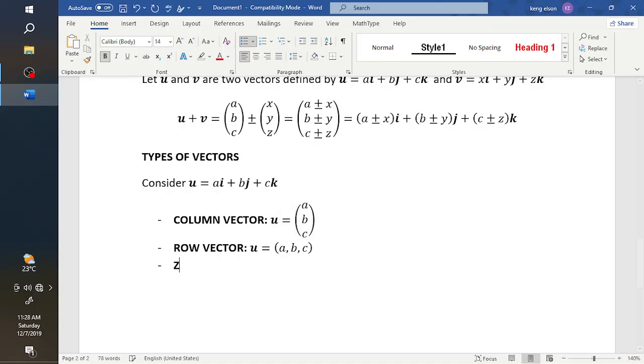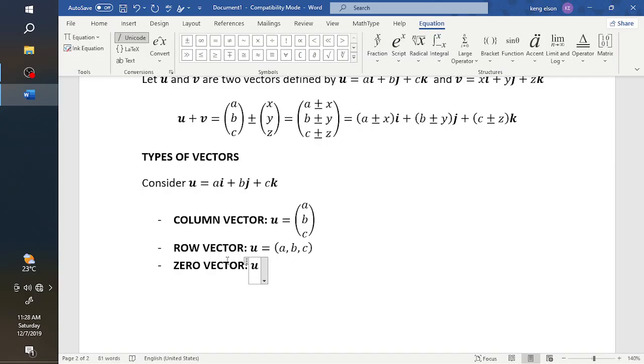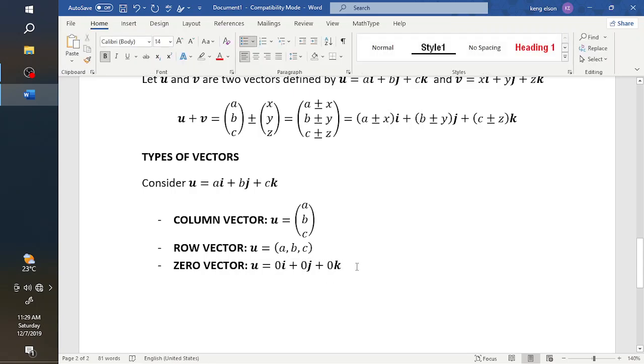We also have what we call the zero vector. The zero vector is a vector whose entries are all zeros. So the vector u is maybe 0i plus 0j plus 0k. So this is a zero vector. We also call it the null vector.